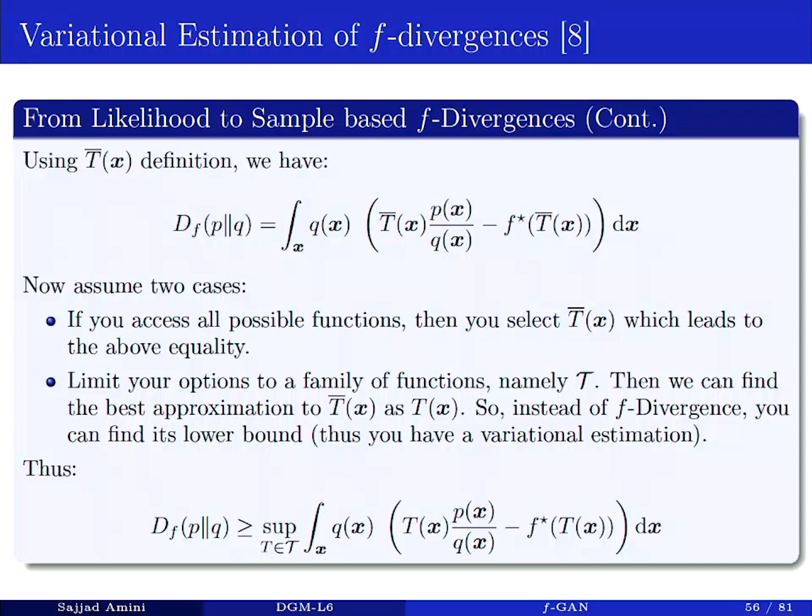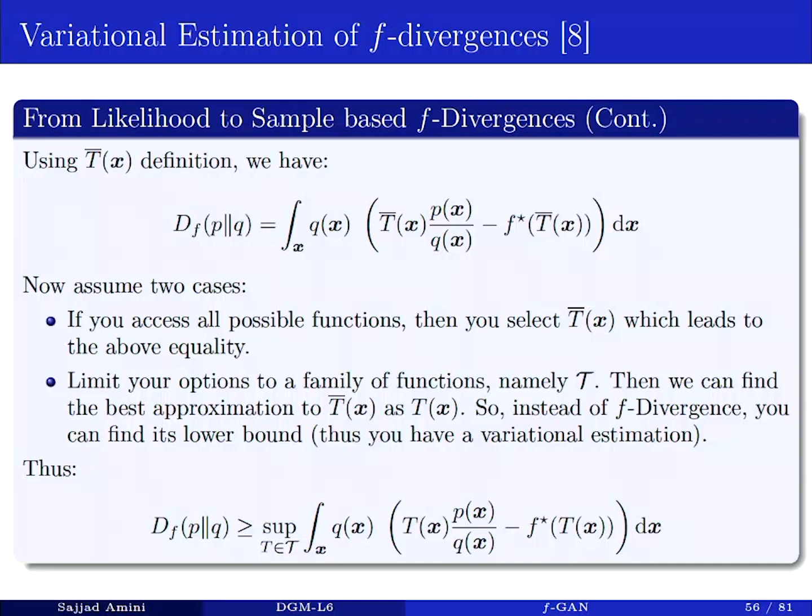Why do we have a lower bound? Because in this function, you find the value of t, which is not the exact value. It is from this subset. So what happened here, instead of t bar, I use t. t is one of the elements in this family. And I also compute the maximum, or equivalently the supremum for our case, for simplification, over the possible elements of that family.